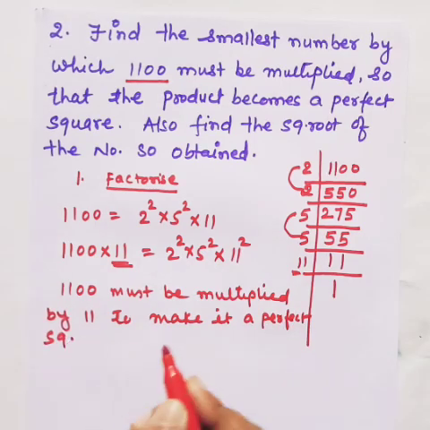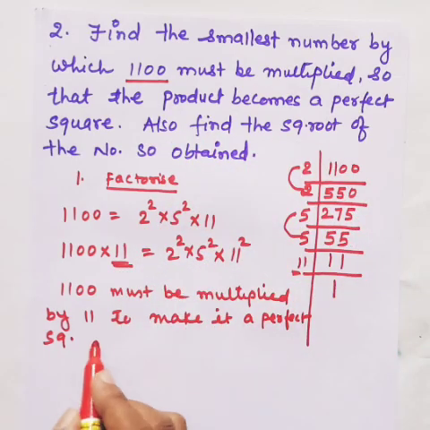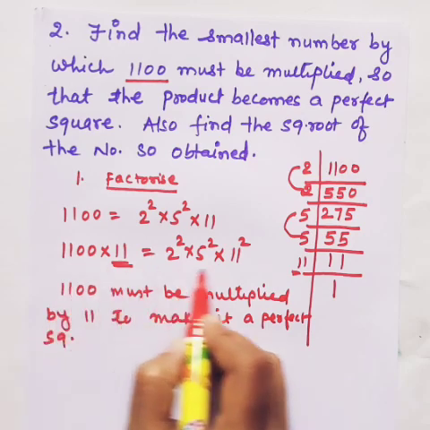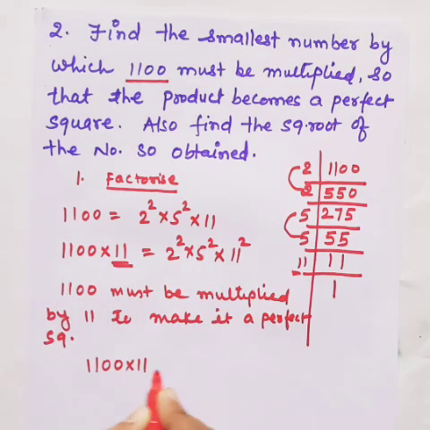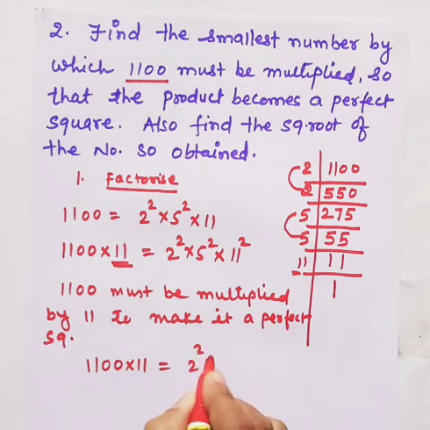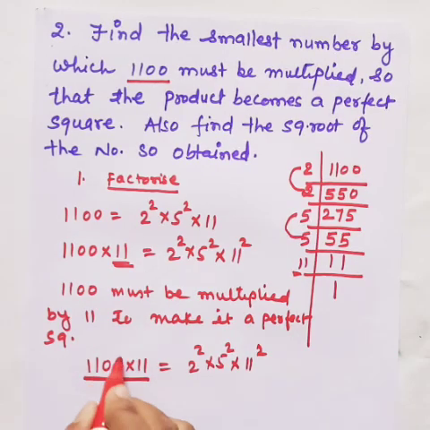Now next thing is also find the square root of the number so obtained. So first of all, you write down 1100 into 11 is giving you 2 square into 5 square into 11 square. This is the number you get after multiplying 1100 by 11. If you check this, you will get 12100.